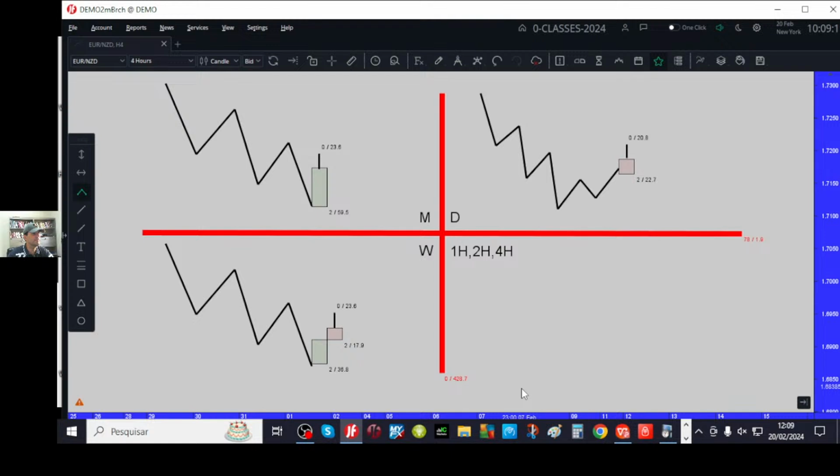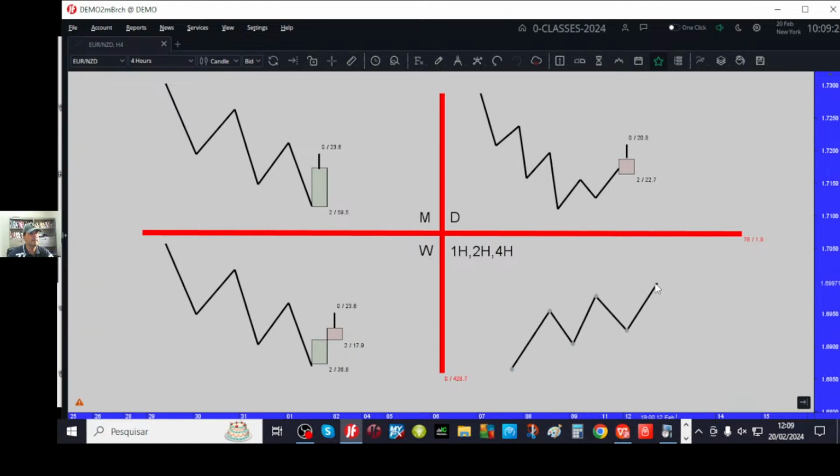You have higher high, higher low, higher high, higher low, higher high, and higher low, and you have just an example, you have a doji. So it's going to be something like this and maybe something like this. Alright?